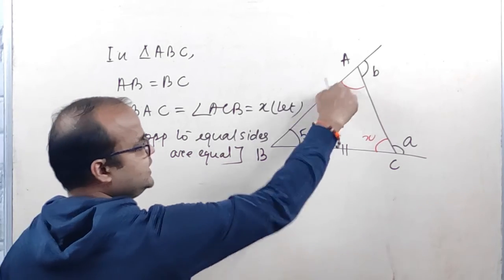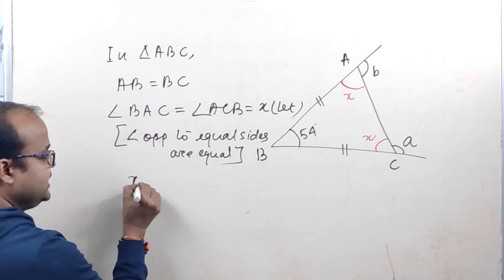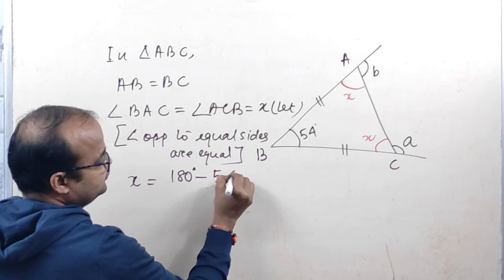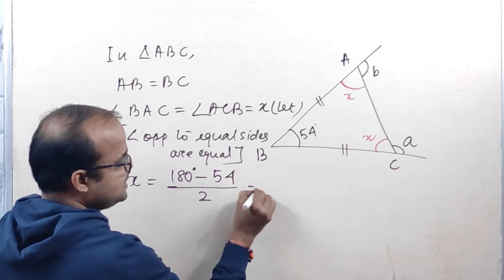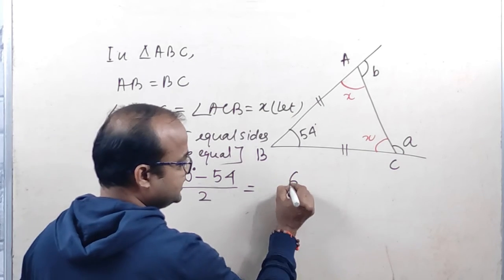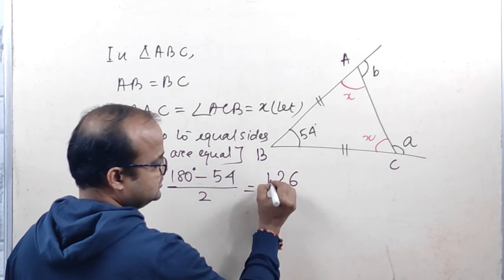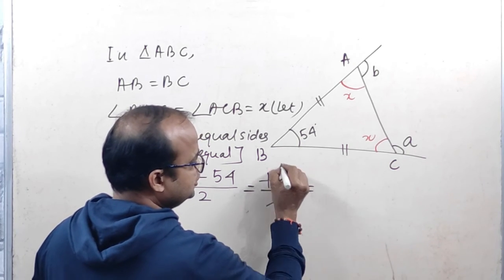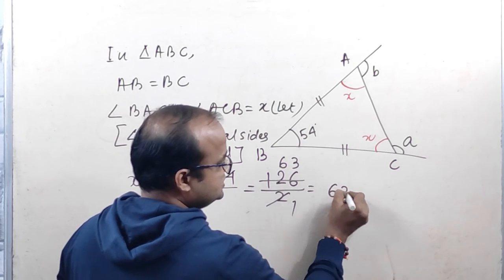Now we need to find the base angle. So the formula is X equals 180 degrees minus 54 degrees, by 2. 180 minus 54 is 126, by 2, that is 63 degrees.